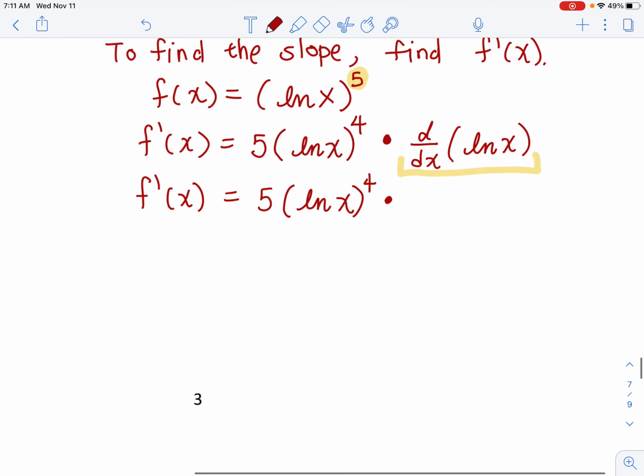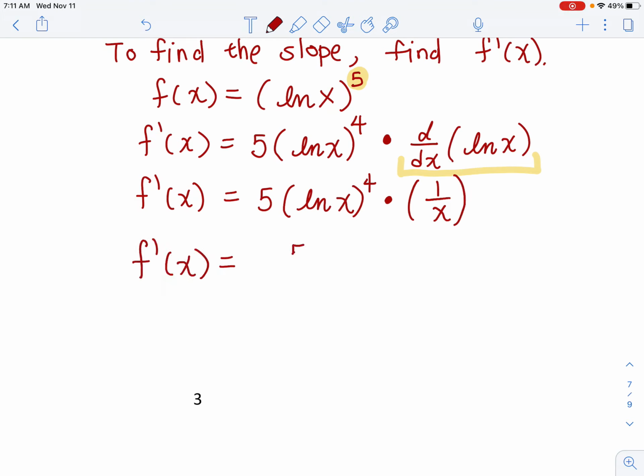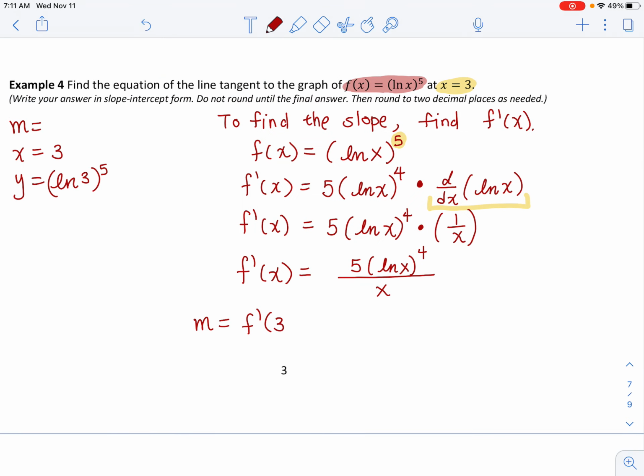So I'm going to go ahead and replace. I'm going to go ahead and say that is 1 over x. So we found it. F prime of x is 5 times natural log of x raised to the 4th power divided by x. Okay? Now let's find the slope. Slope is f prime of 3.